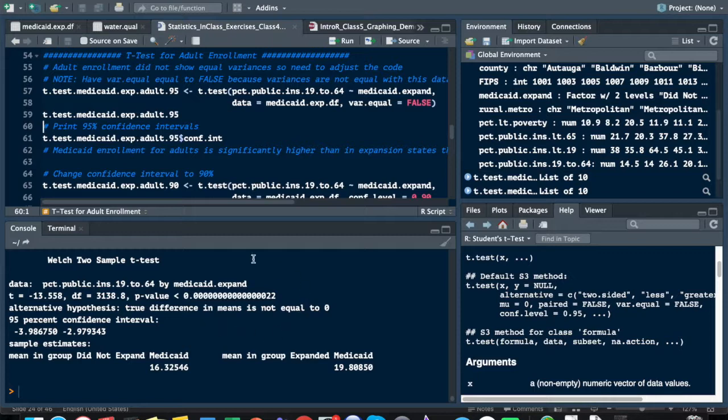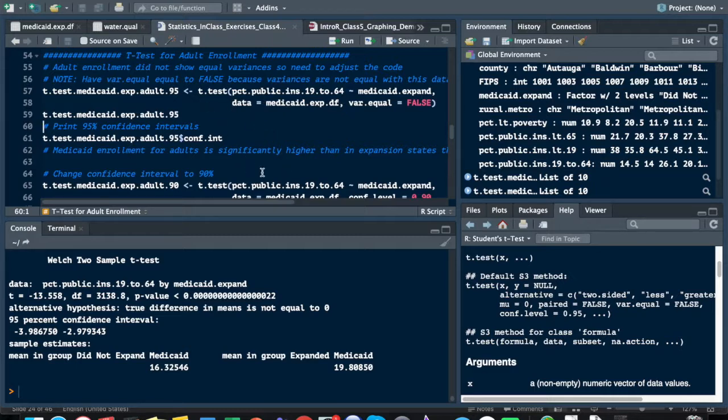What it's going to do is adjust our standard errors and our degrees of freedom, which is our sample size minus 1. It'll give you a more conservative result, so it'll be harder to get statistical significance. It's out of the scope to show you exactly how they do that, but what you need to know is that it's going to make it harder to achieve significance.